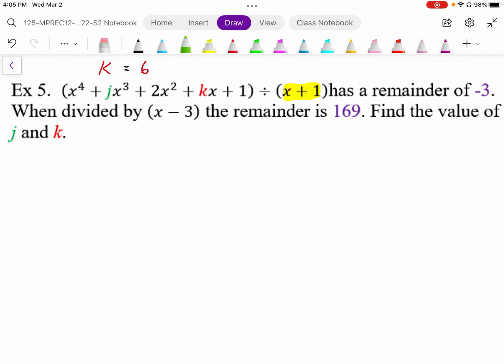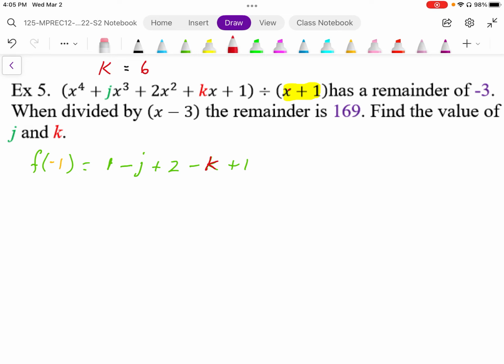So if I have f of -1, if I plug -1 into my equation, I'm going to end up with positive 1 minus j plus 2 minus k plus 1. I'm just going to put the k in that color there. And what I've done is I've plugged -1 into that equation.